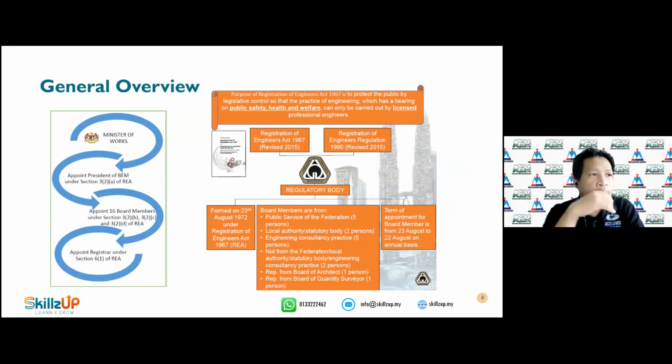It's a regulatory body that governs the profession of engineers. Basically, there are acts available: the Act 1967, with a revised version in 2015, as well as the Registration of Engineers Regulations 1990, revised 2050.